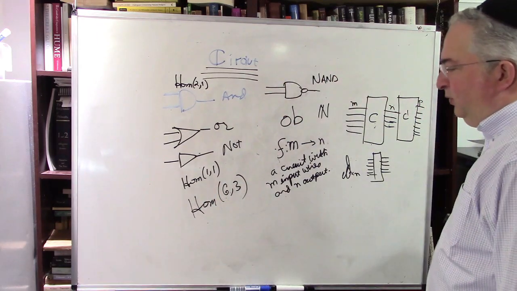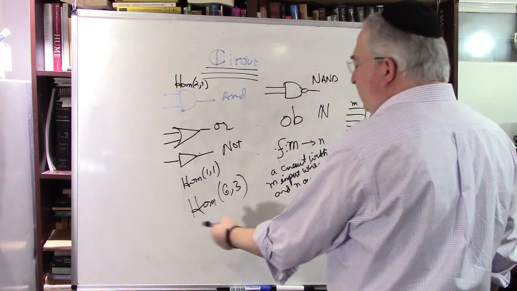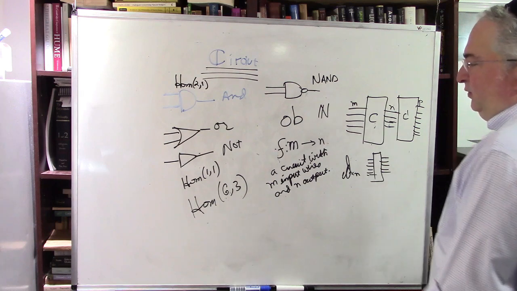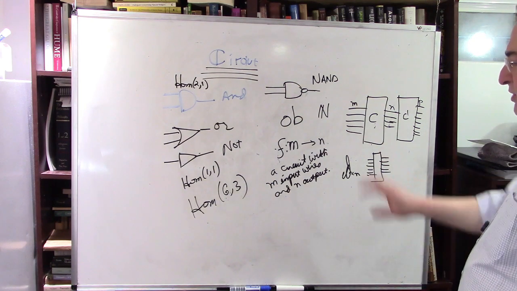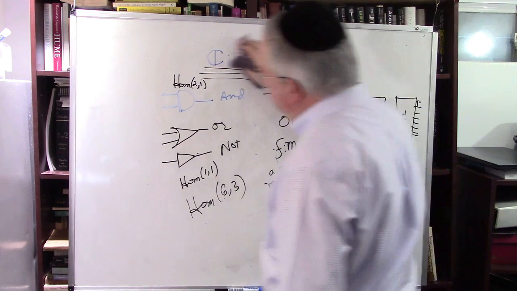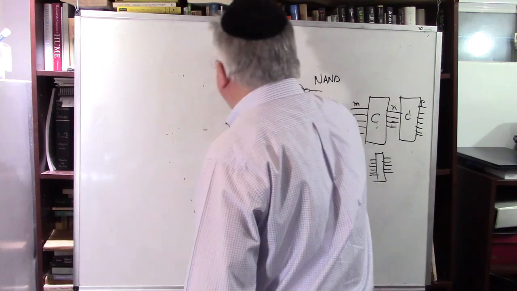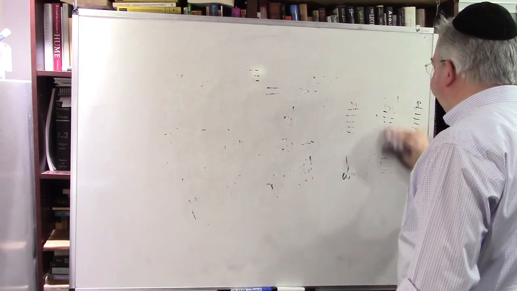Maybe (6, 2). It's a complicated circuit with 6 input wires and 3 output wires, or 2 output wires. I don't remember. So lots of different examples there. That's our second to the last example. Now finally our final example of categories.